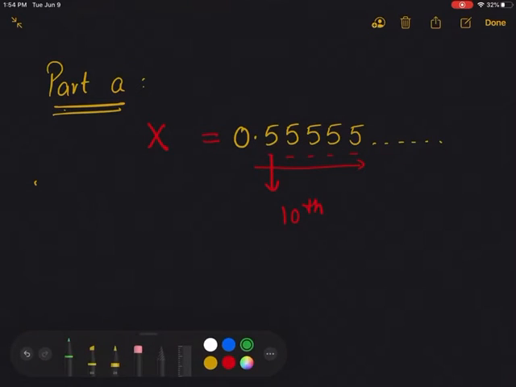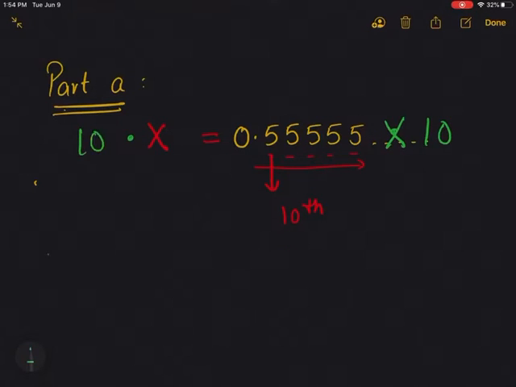So let's just multiply both sides by 10. The left-hand side becomes 10x, and the right side, since it's a decimal, the decimal is going to move over by one place because you multiply by 10.